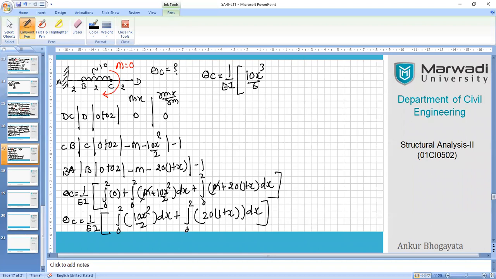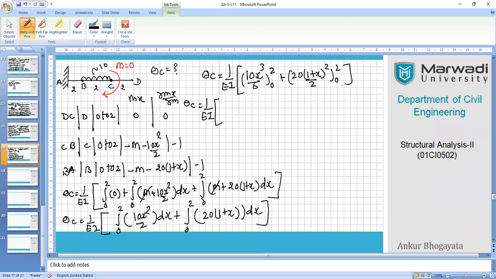The limit will be 0 to 2, plus 20 times 1 plus x square by 2, the limit again 0 to 2. We can expand it. So theta C again equals 1 upon EI, right? Let's keep it as it is for a while until we expand this.